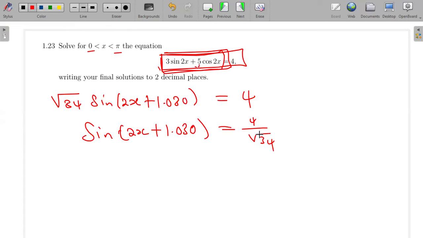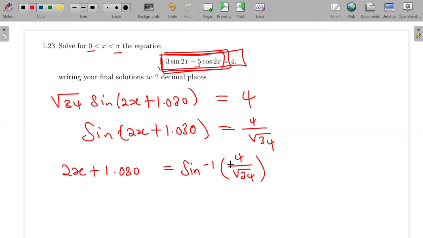So we need calculators there. From here, I'm going to multiply throughout by the inverse of sine. So if I multiply the inverse of sine here, the sine goes, and I just remain with 2x plus 1.030, which will be equal to sine inverse of 4 over root of 34.